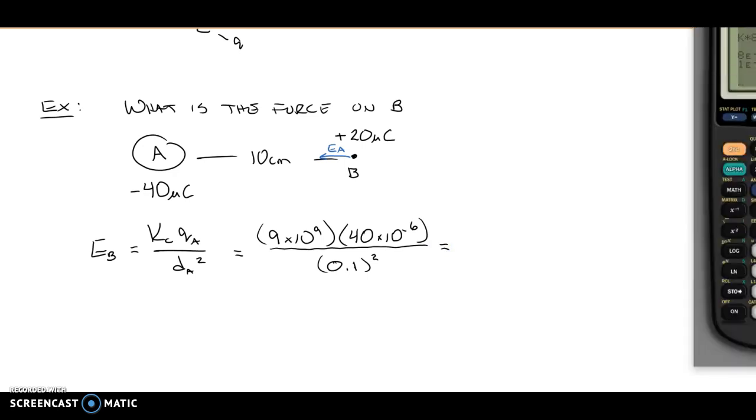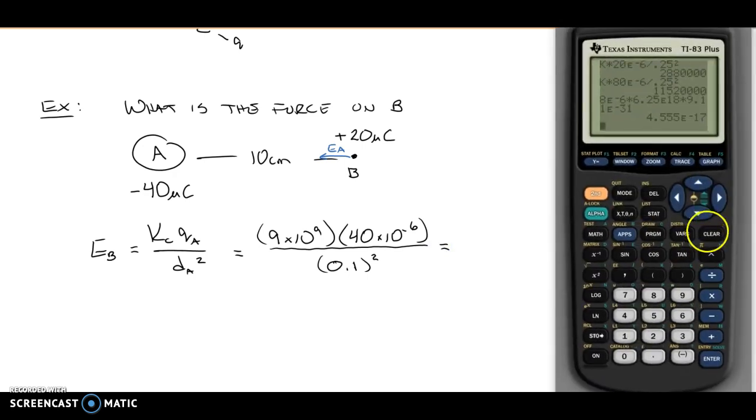So I can get my field strength from this equation. I'm going to open up my calculator and clear it out. I've already stored K in there, with the store button. So alpha K times 40, second EE, negative 6. That's my numerator, divided by 0.1 squared. And I get a value of, how many zeros is that?